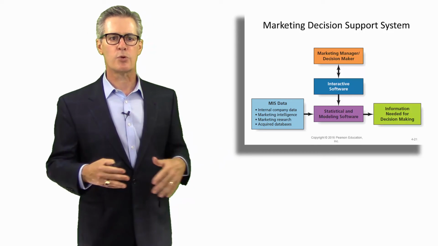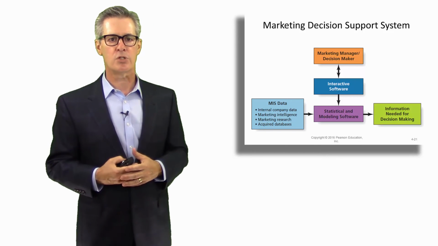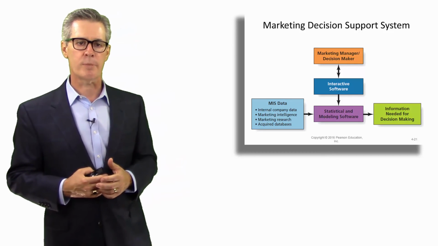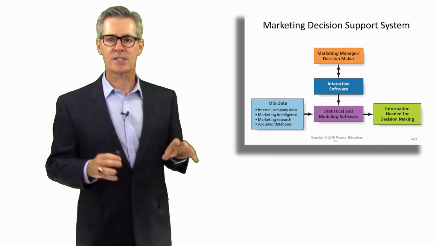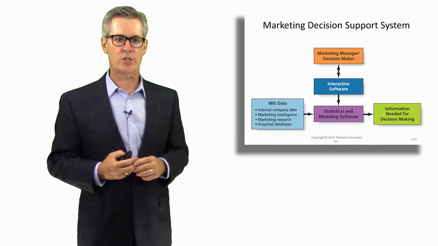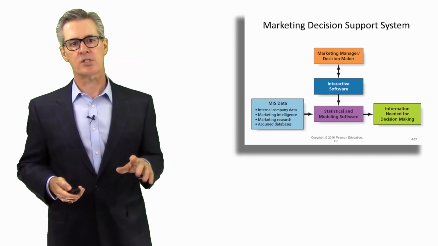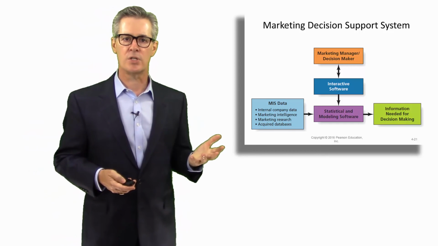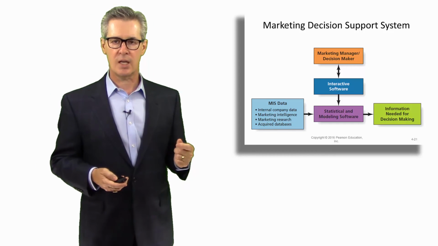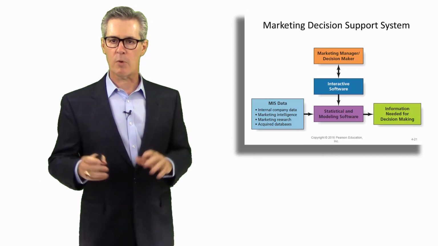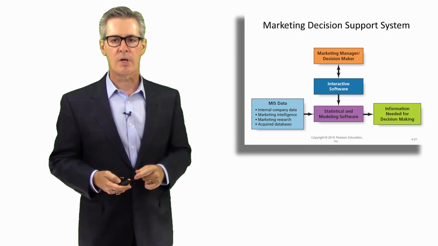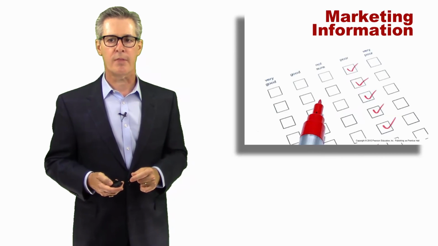Things like perceptual maps and multidimensional scaling are a couple of examples. Modeling software allows decision makers to ask what-if kinds of questions. And in class, we'll discuss some examples of the kinds of questions that the MDSS can answer. I was involved in most of my career in selling these marketing decision support systems, so I think we'll have an interesting discussion about that.